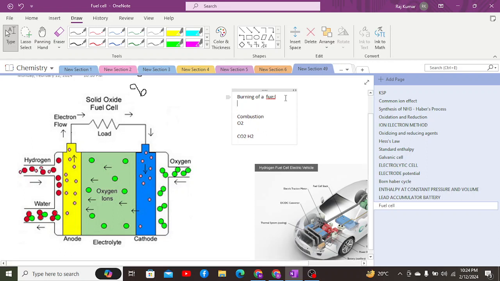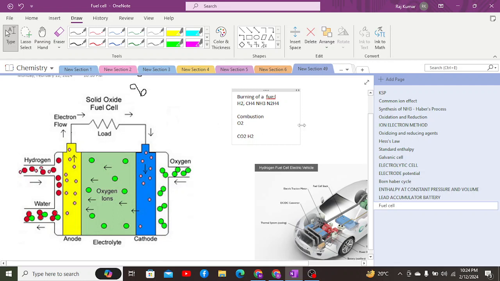Now, the fuel which we are going to utilize in this process is hydrogen, while other fuels can also be utilized, such as methane, ammonia, NH3, and N2H4. These are some alternative fuels, but we are going to utilize the hydrogen oxygen fuel cell.